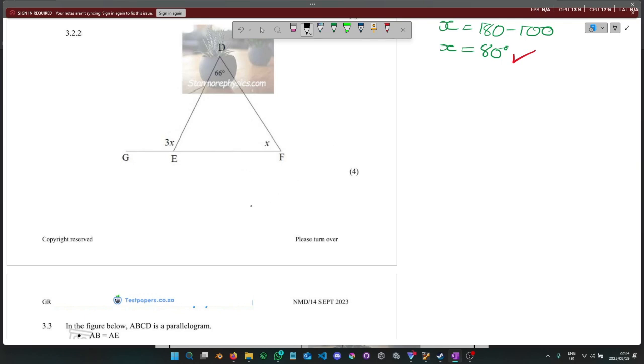Alright, so the simpler way is using the fact that this is the exterior angle of this triangle, right?